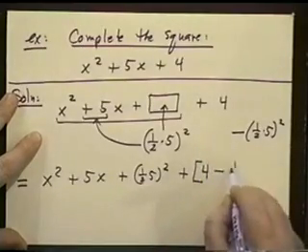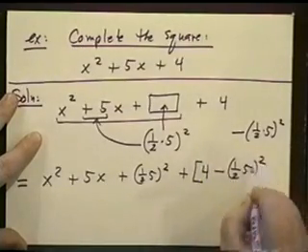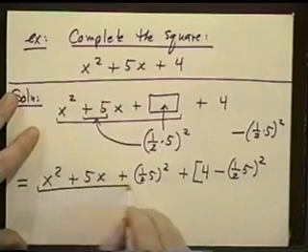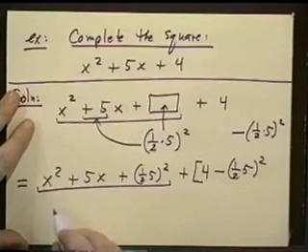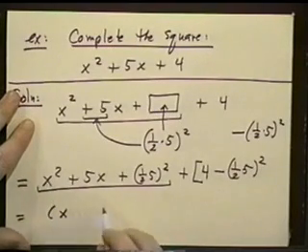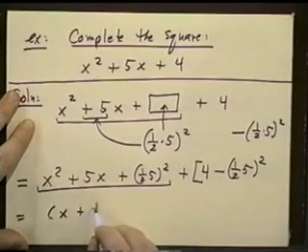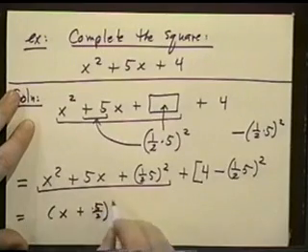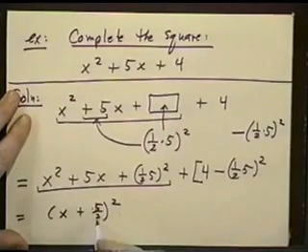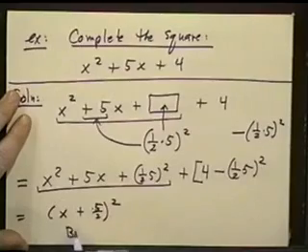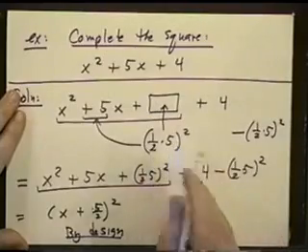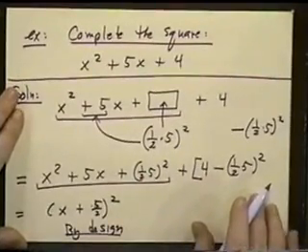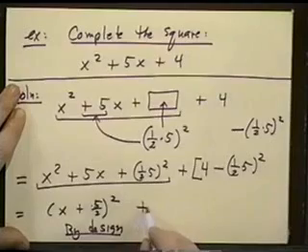This is + 4 - (1/2 · 5)^2. Now this should be a perfect square by design. All right? This, in fact, will be (x + 5/2)^2. This is by design. The design being the 1/2 times 5 squared that I did up here. So that's by design. The rest of it is just there.